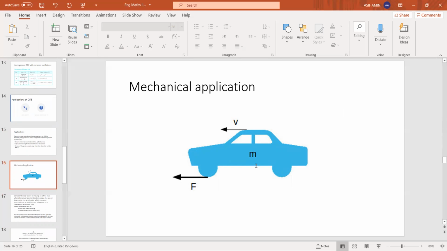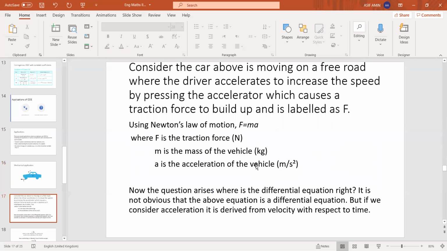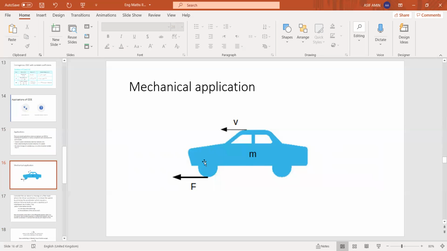So over here we can see a car, and a driver is driving the car, and when he is moving on a free road, he accelerates the car to increase its speed, which causes a traction force to build up, and this force is given by F, where m is the mass of the vehicle and v is the velocity of the vehicle.